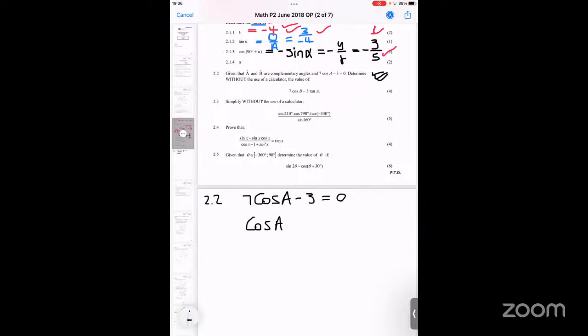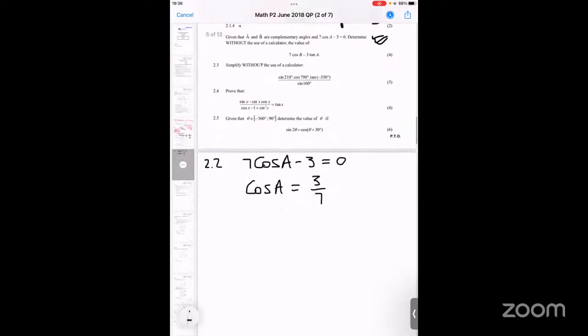If we have to now rewrite this as a fraction, you take 3 to the other side, it becomes positive 3, you divide by 7. So it therefore means cos being adjacent over hypotenuse, or r.